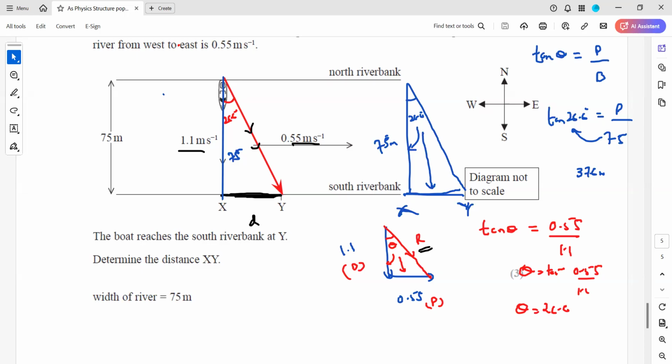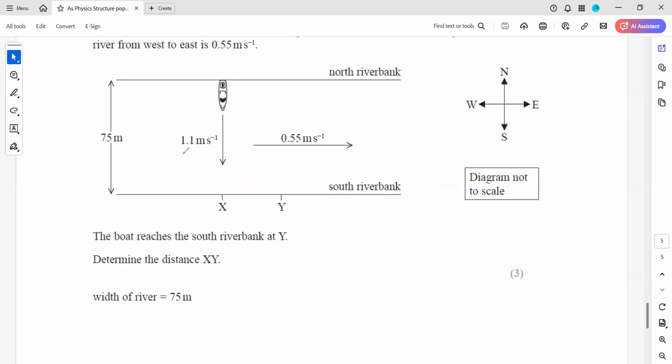There's also another way. What is another way? First, you will find how much time it will take to cover this distance 75. So speed is distance divided by time, so time is distance divided by speed. The distance is 75 and the speed is 1.1.